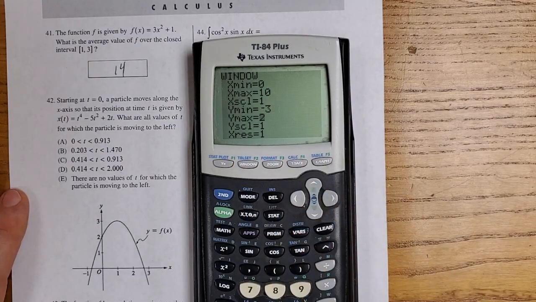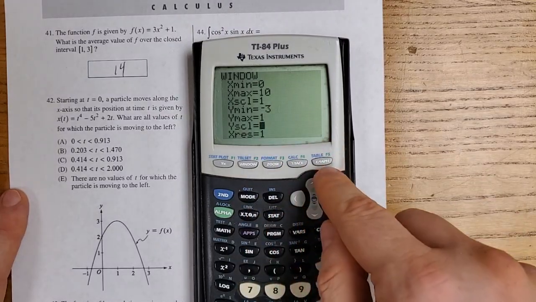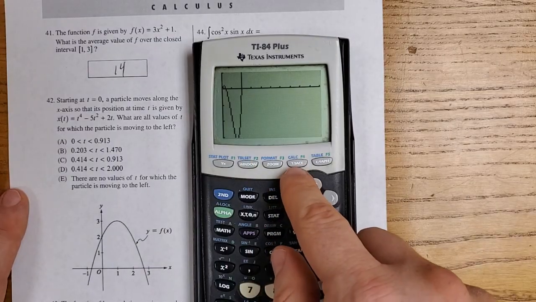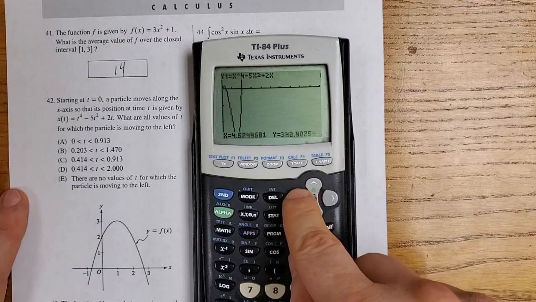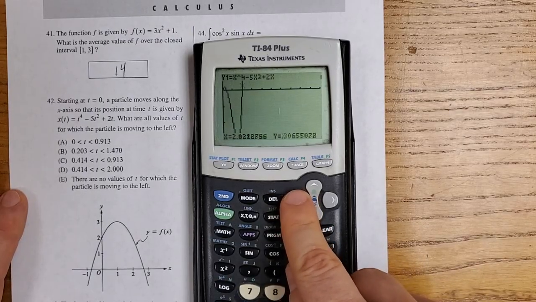Let's start it down a little lower, from 3 to -1. It's still not quite seeing the bottom there, but we can see it a little better.